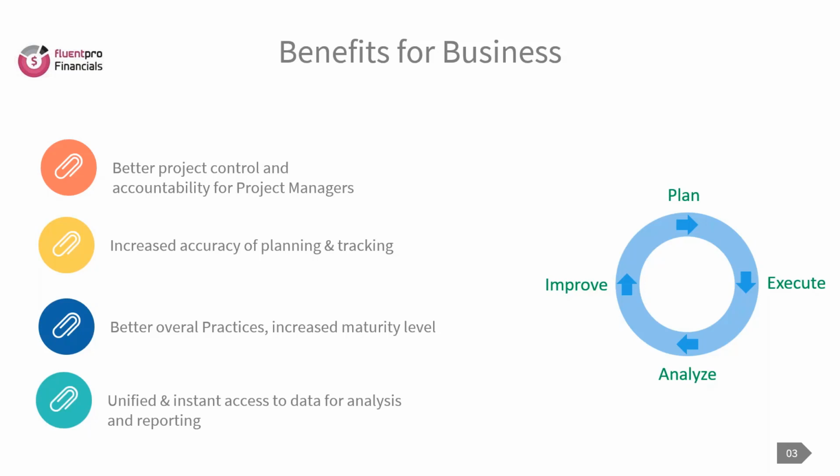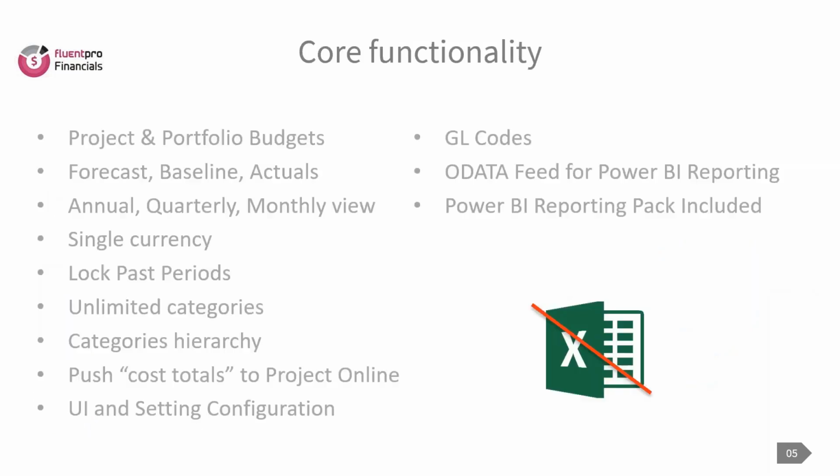And a very important element for management is that with a solution for financial management and budgeting, you can run analysis on the data, you can run reports, you can see dashboards, you can visually identify the hotspots, issues, and areas that need more attention from management.